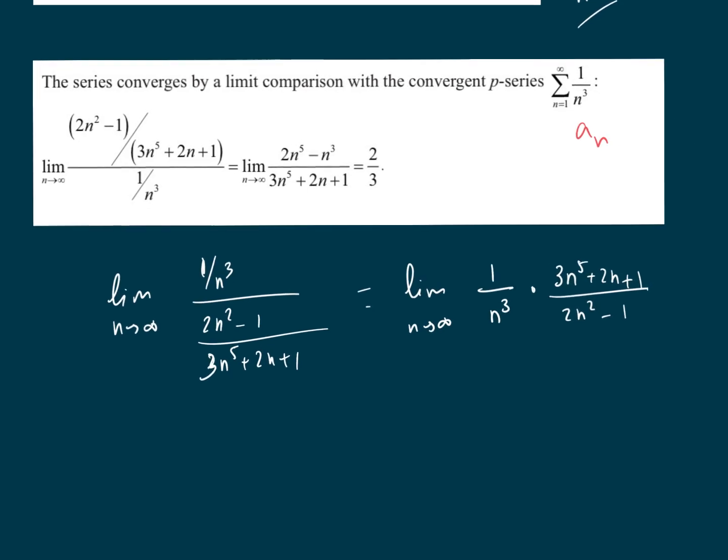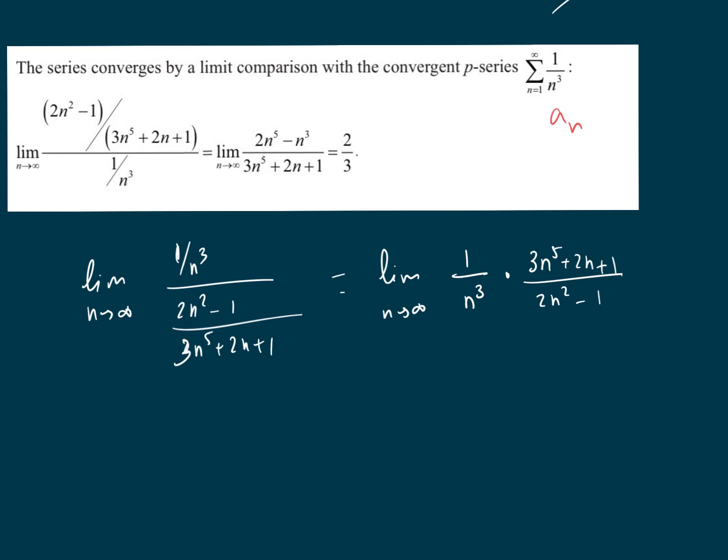Okay, so what I will do, I will divide everything by n cubed. Let's do it. Limit when n goes to infinity, so I will divide numerator and denominator by n cubed. If I divide 3n^5 by n cubed, it will be 3n squared, plus 2n divided by n cubed will be 2 divided by n squared, plus 1 divided by n cubed.